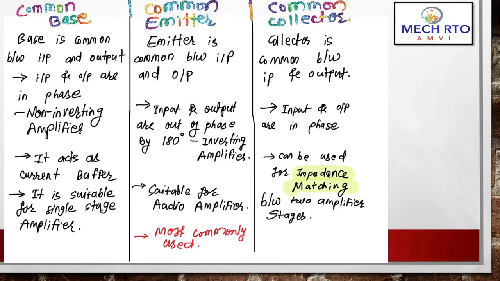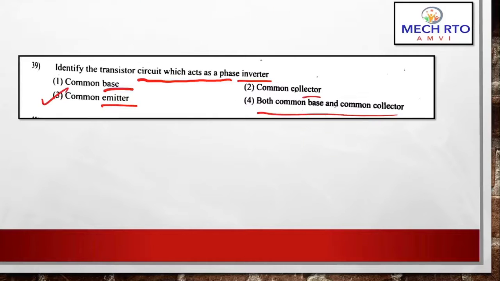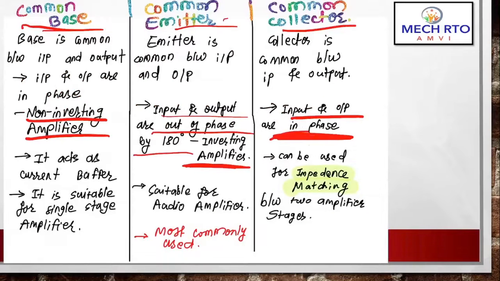For common emitter, the input and output are out of phase by 180 degrees, that is an inverting amplifier, right? Common base is a non-inverting amplifier. For common collector, input and output are in phase. So remember it guys. So this is your answer, common emitter. Common emitter acts as a phase inverter, right?